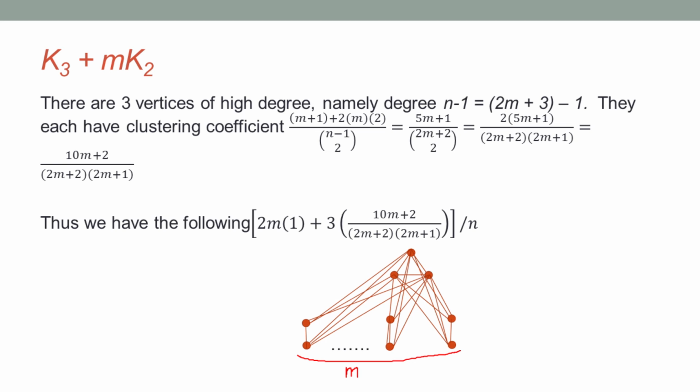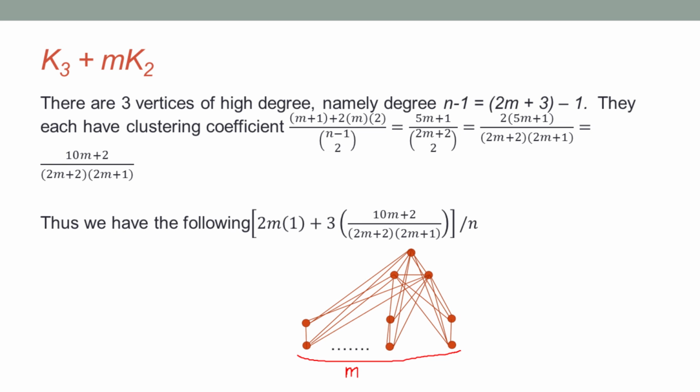So expressing it all in terms of m, we come up with the clustering coefficient for each of the vertices in the triangle: 10m plus 2 over 2m plus 2 times 2m plus 1. Now, if we look at just that expression, what happens as m tends to infinity? What does that ratio tend to?